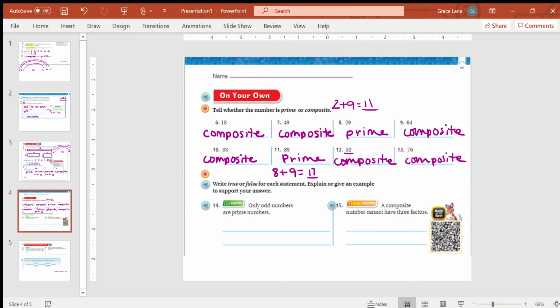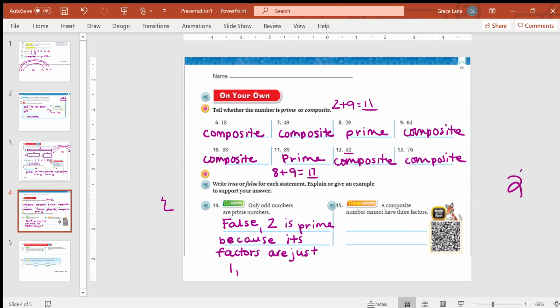This statement is false. Most of the time, even numbers are composite because they can be divided by 2. However, if you think about the number 2, which is even, 2 is prime because its factors are just 1 and 2.